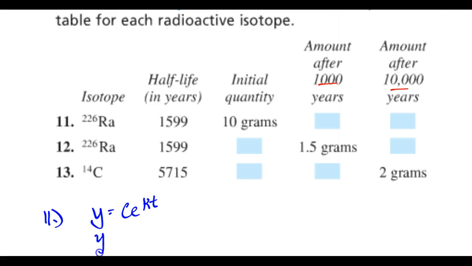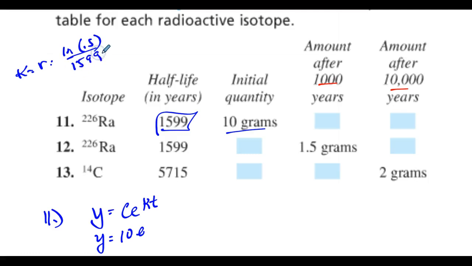So for this first one, we know the initial amount is 10, and the rate is not given. Oh, but we have this half-life thing. Do you remember on a previous example we solved for the half-life, the rate or the k value was the ln of 0.5 divided by 1599?